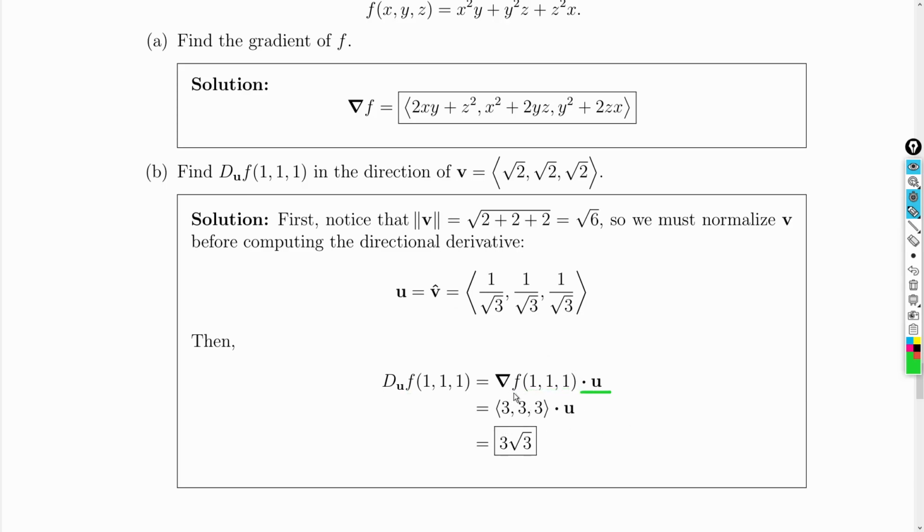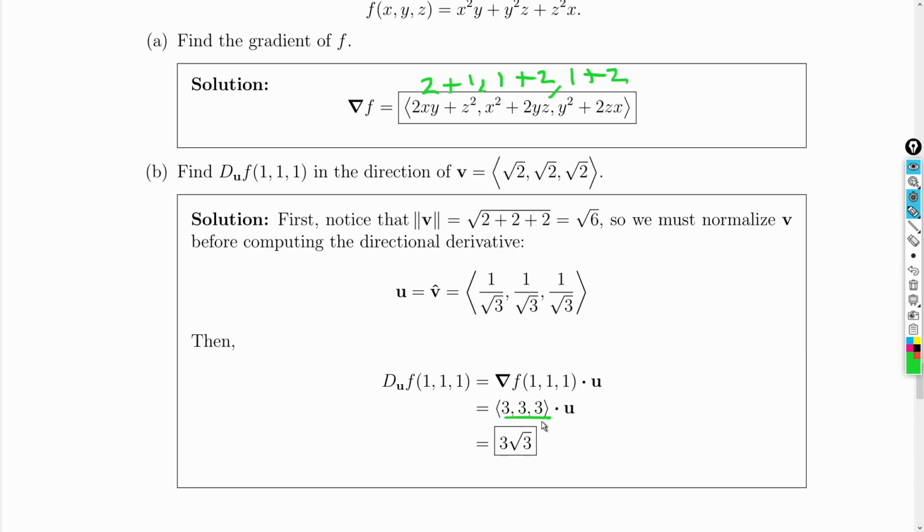So you can rely on the previous computation for the gradient, right? I'm just taking part A and plugging this point into the formula that we computed. And this is a rather simple computation because everything is 1. So x, y, and z are all 1. So this is just 2 plus 1. This is 1 plus 2. This is 1 plus 2. So you get 3, 3, 3.